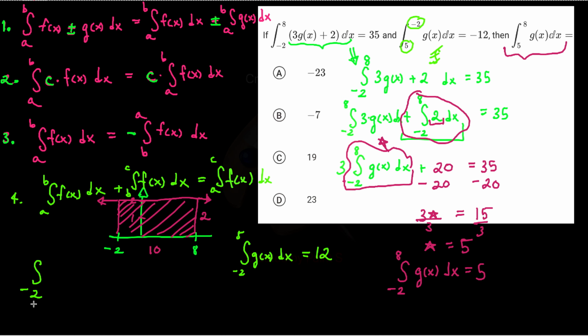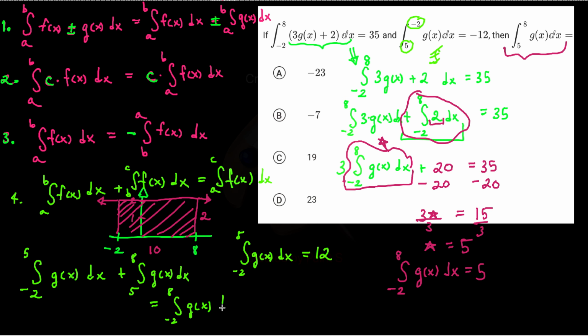So from -2 to 8, let's write it in the direction that I have it here. So from -2 to 5 of g of x dx plus from 5 to 8 of g of x dx equals from -2 to 8 of g of x dx.